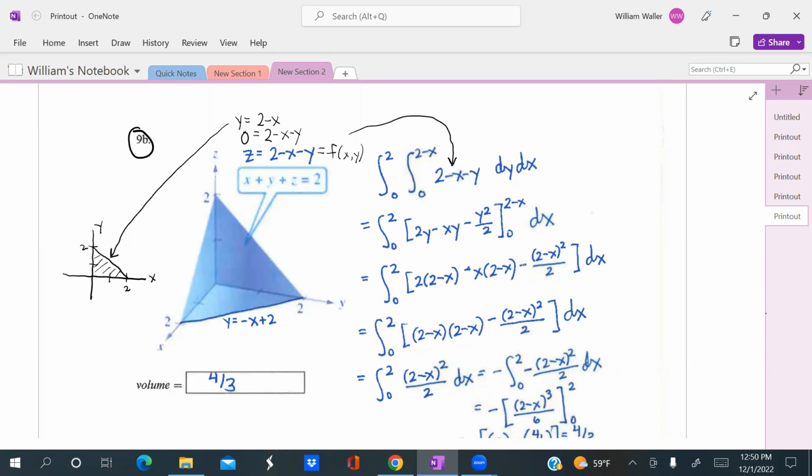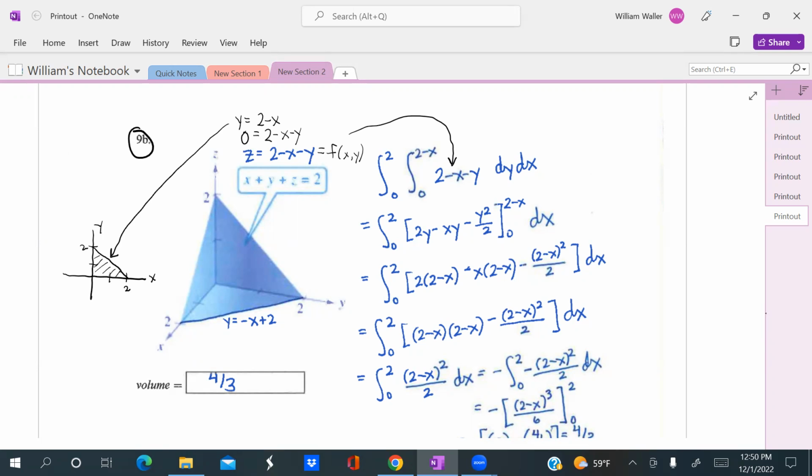So this region of integration is both vertically simple, because it's the area between two curves, one curve on the bottom and one curve on the top, this line on the top. It's also, however, horizontally simple as well, because again, it's the area between one curve on the left and this line, one curve on the right.